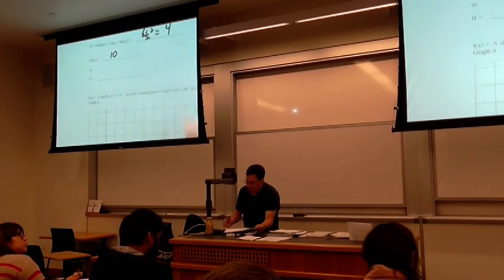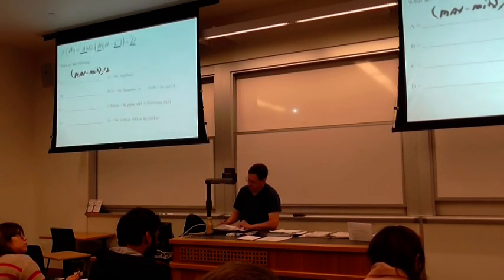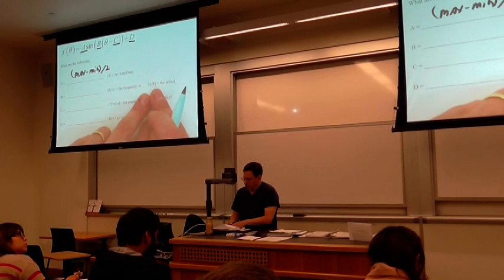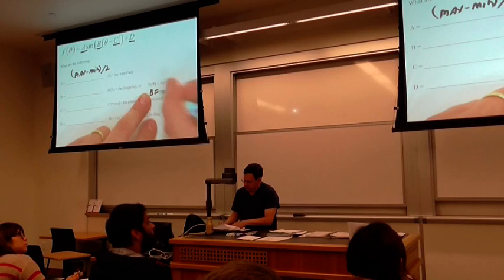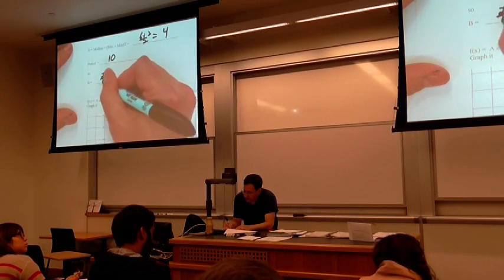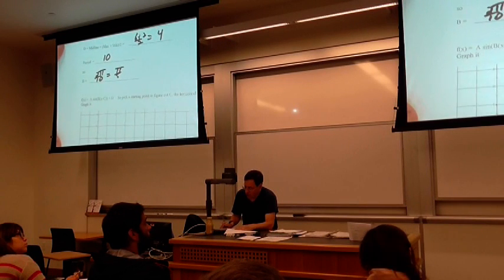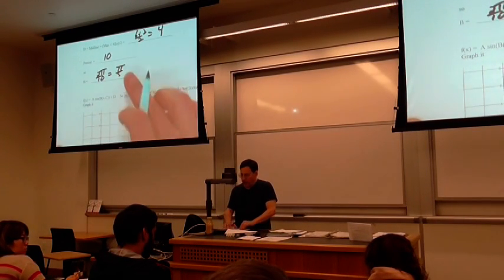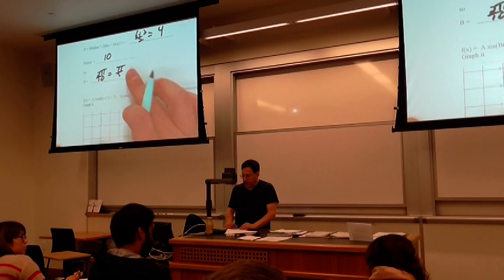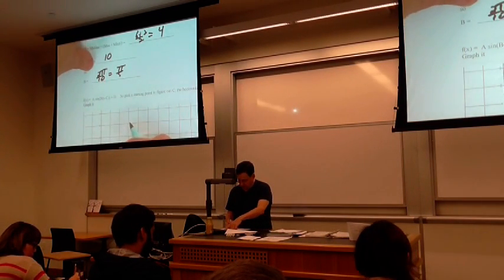So if the period is 2 pi over B, then B is 2 pi over the period, right? So it's going to be 2 pi over 10 or pi over 5. All right, we're going to graph that in a minute, but first let's just plot some of these numbers here to get a feel for this.